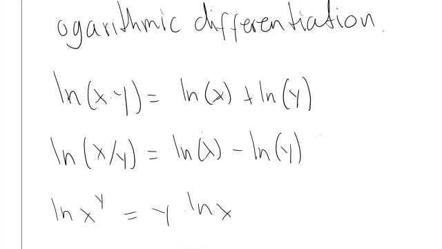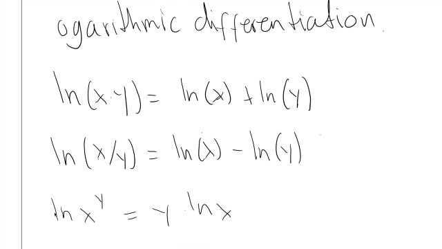When you have the natural logarithm of a multiplication or product, x times y, this is going to be equal to the natural logarithm of x plus the natural logarithm of y. When you have the natural logarithm of a division or fraction, x over y, that's the same as the natural logarithm of x minus the natural logarithm of y.